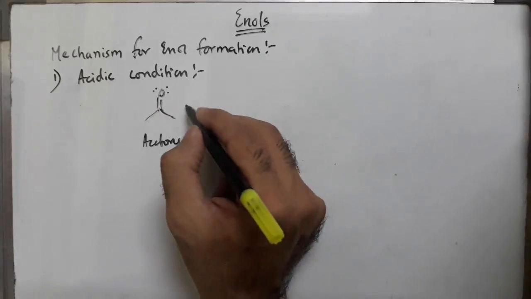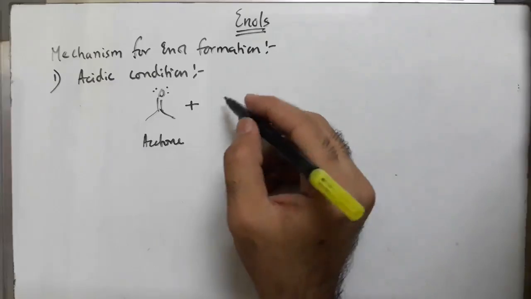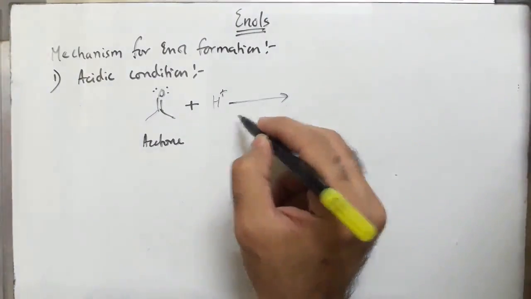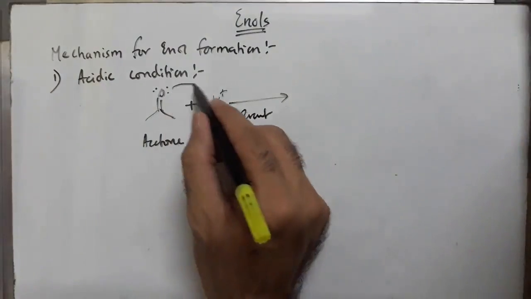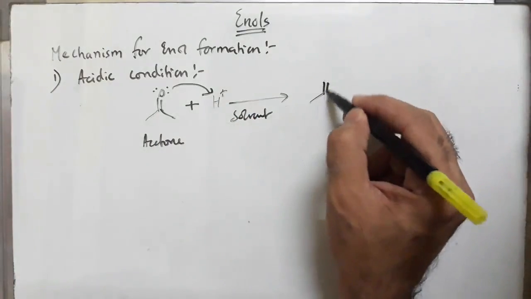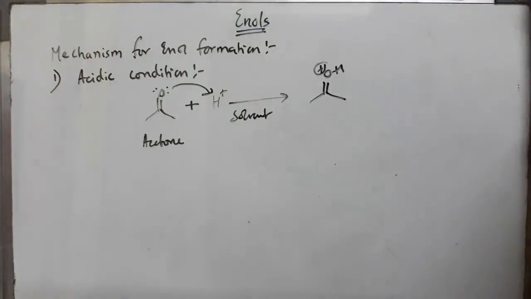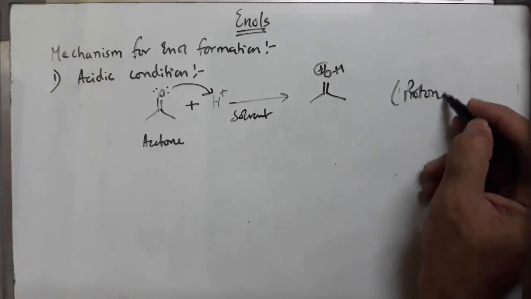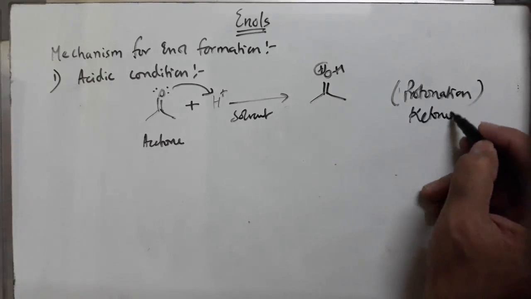Now acetone in presence of proton, and generally it is with the solvent, in some solvent. Now I told you this attacks, as it is containing a lone pair of electrons, it will form somewhat like this. Now this is your protonation step, a protonation of the ketonic group.